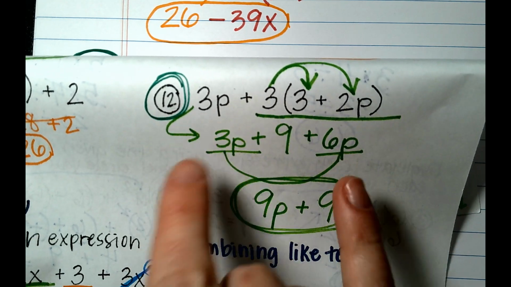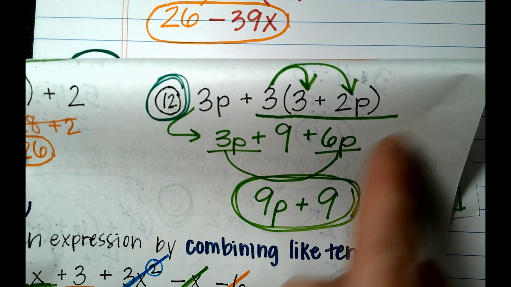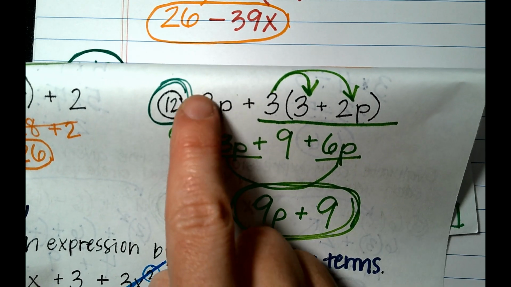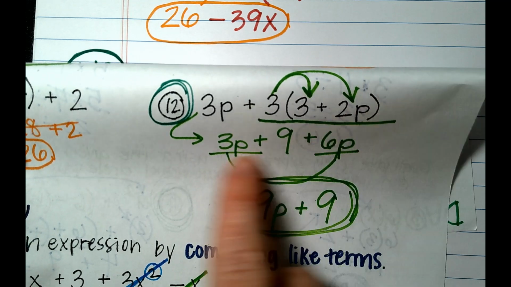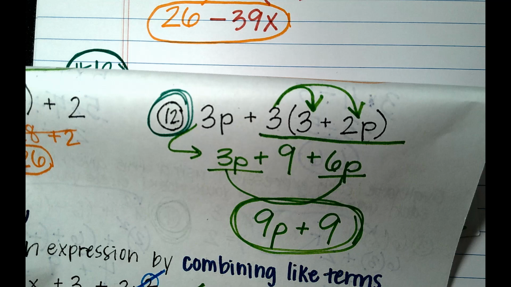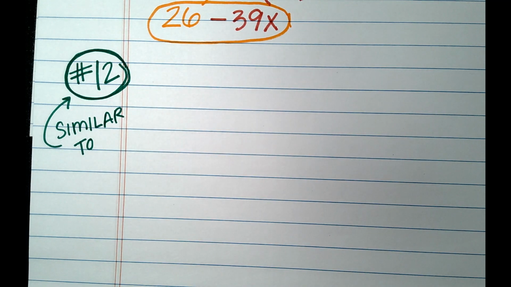I think what I'll see really often is people ignoring the parentheses and maybe doing 3 times 3 is 9 and then just adding 3p plus 2p. I see that happening. And there's so many other different things that could happen too. So let's work through some similar to that.